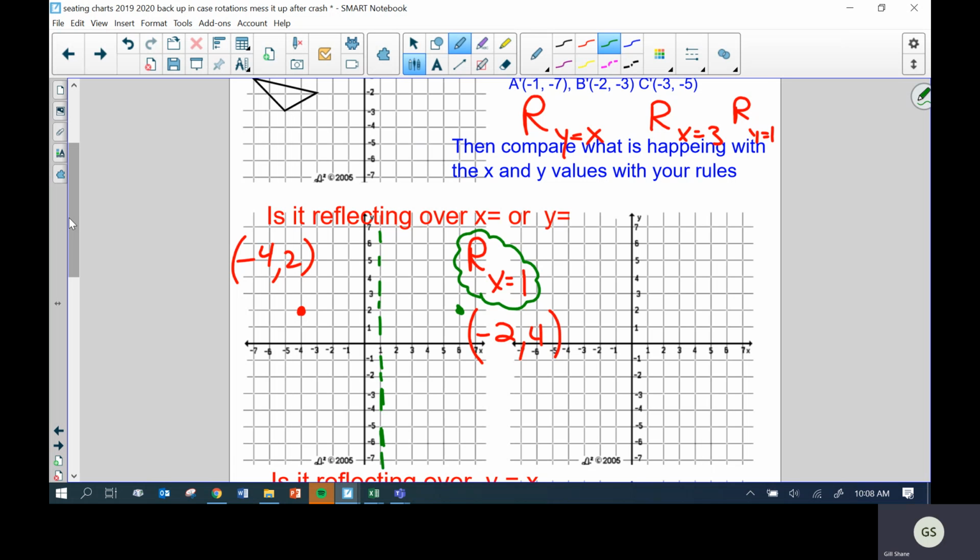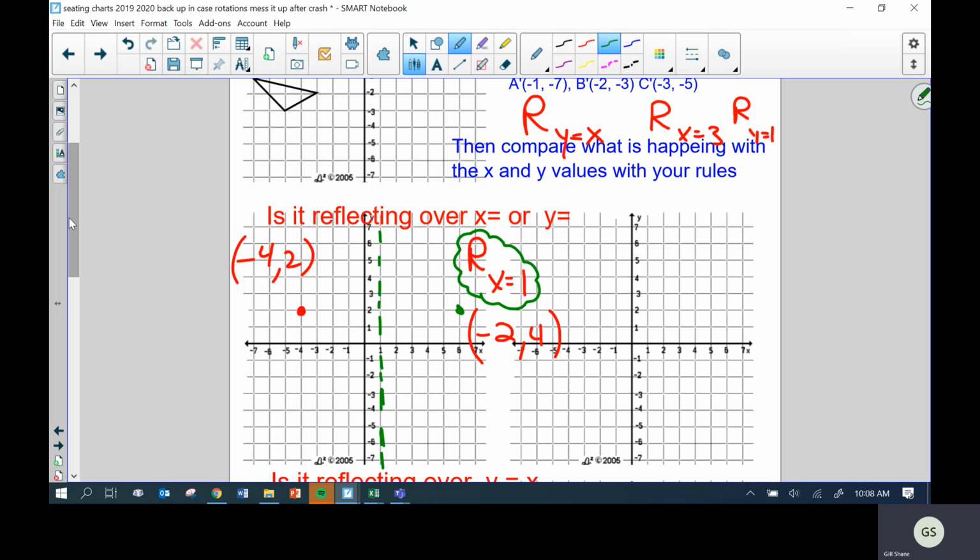Does anybody have any questions on that? If you're flipping it, and remember, if you're flipping it over an x number or a y number, or the x-axis or the y-axis, one of the numbers will normally change pretty significantly because you've got to be the same distance away from whatever the line is. So that's how you would test it.